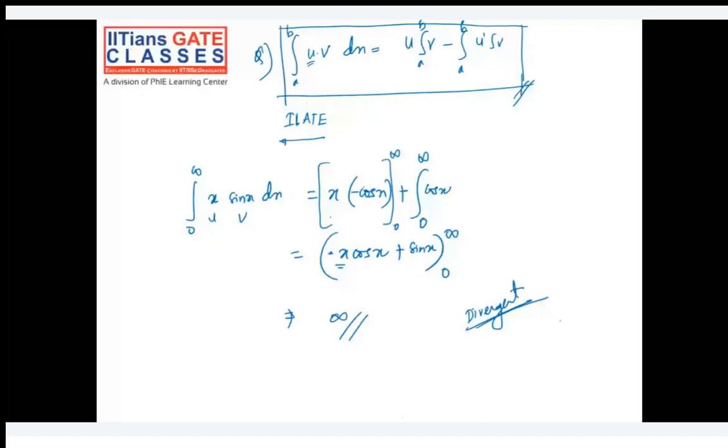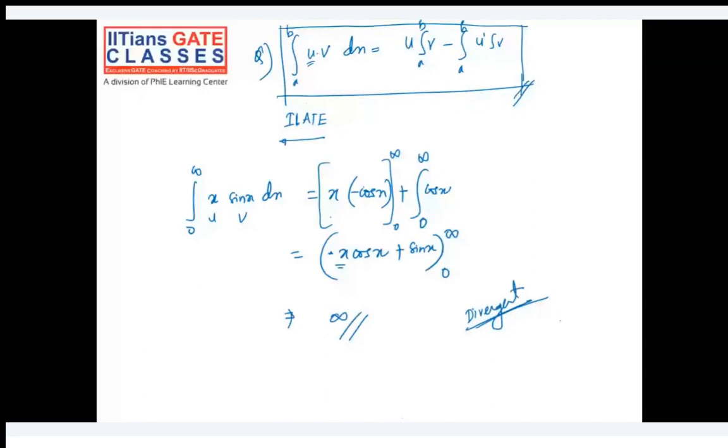And you have to choose the correct option. Or they'll say this improper integral converges to which value, and they ask you to type it. So you can expect this kind of variety of questions from this improper integral topic.